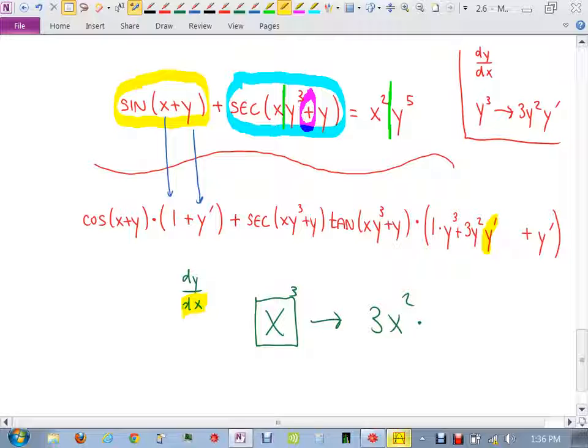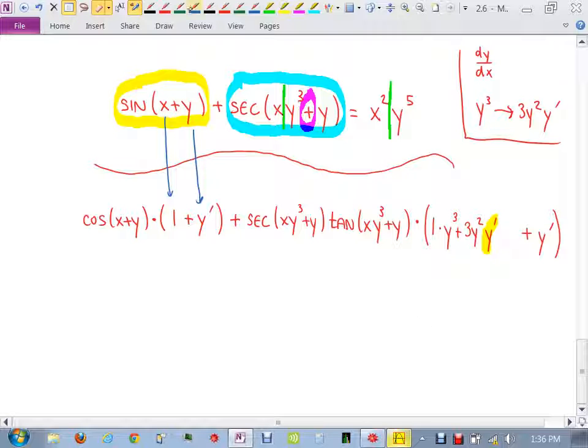So would it need any other variable besides x? Absolutely. We're going to put the prime to it. Okay, I'm not done?